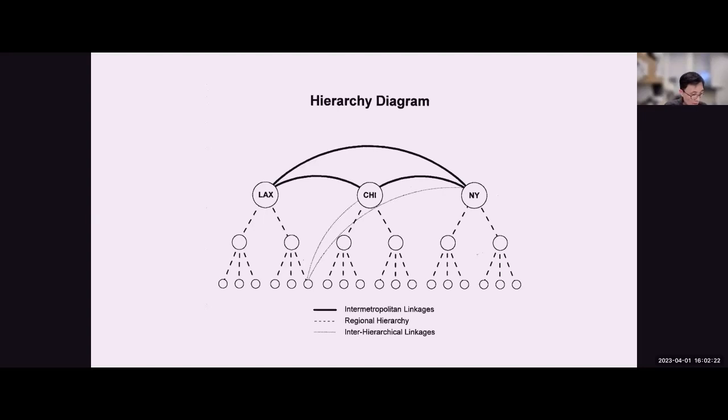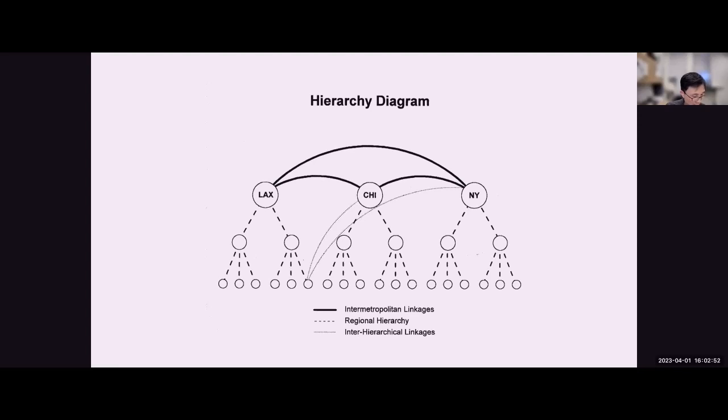As we learned from the previous lectures, there have been many efforts to draw a hierarchy among cities or regions, and this is a very general diagram to show hierarchy. This figure is an example of a hierarchy of cities with airline passenger flows among them known, and this sort of classification is based on the theory by Walter Christaller.